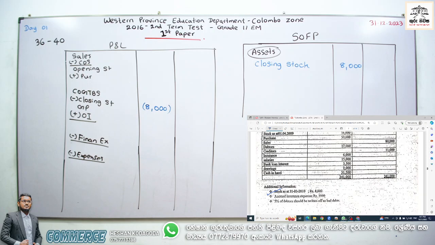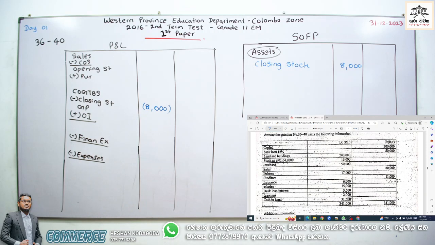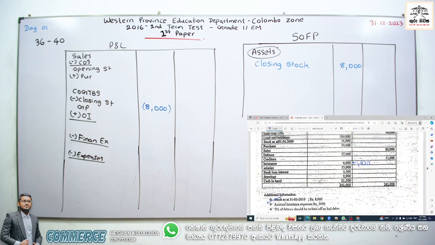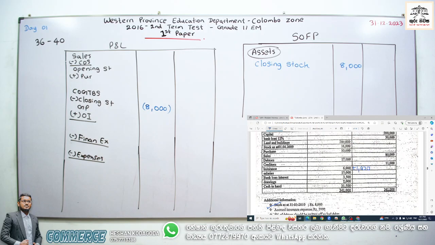Accrued insurance expenses rupees 1,000. So when it comes to insurance, it's 6,000. Accrued 1,000 means altogether we should identify another 7,000. So another 1,000 for this insurance. So totally, how much is the insurance expense relevant to for the year?